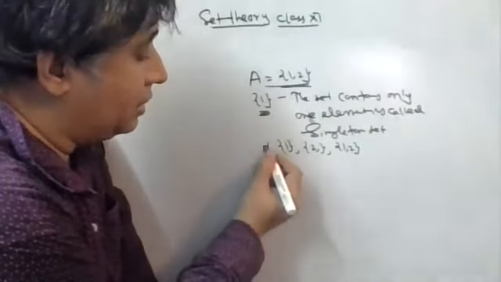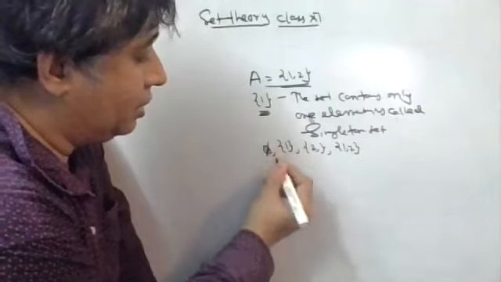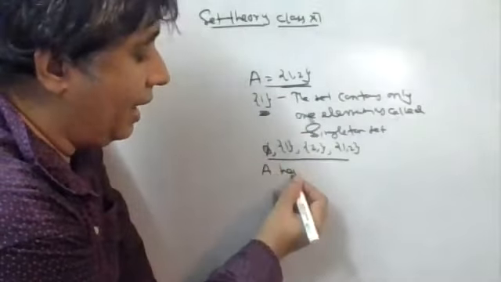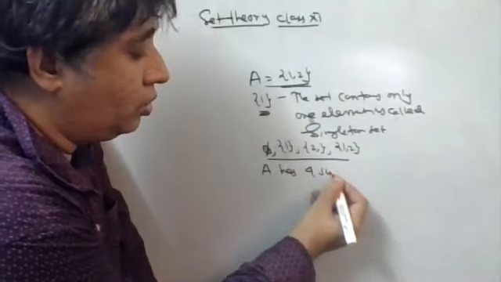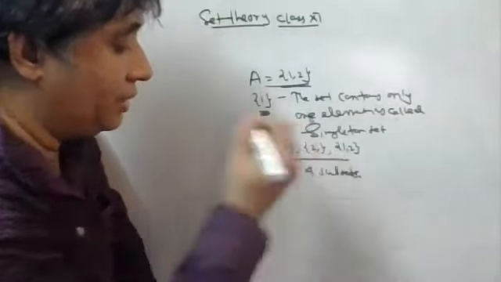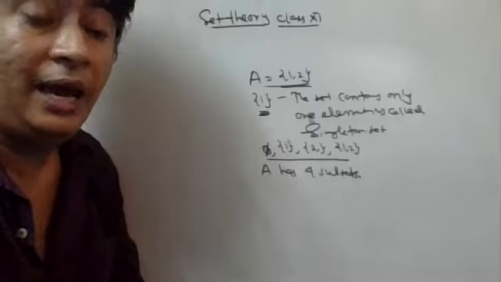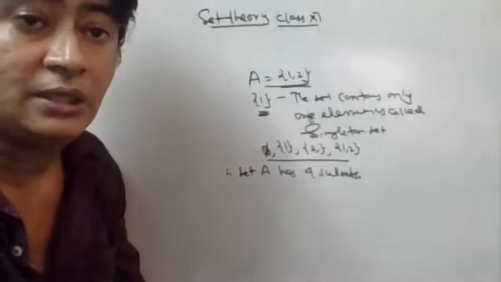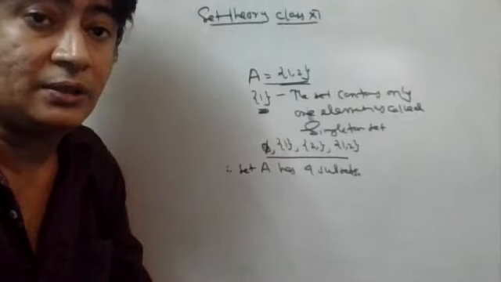So this number of subsets A has. So set A has 4 subsets.